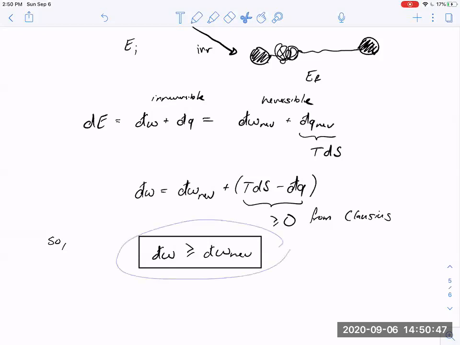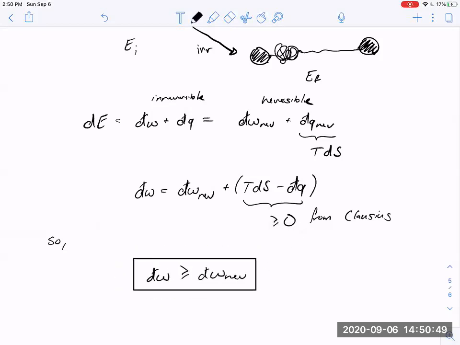Let me give myself a little more room here, move that down and make that note. Another way to say that is a reversible process is that process which requires the least amount of work for a given transformation at fixed temperature.